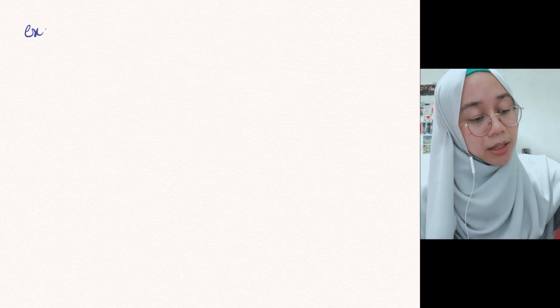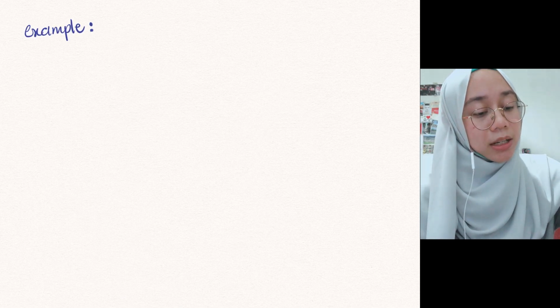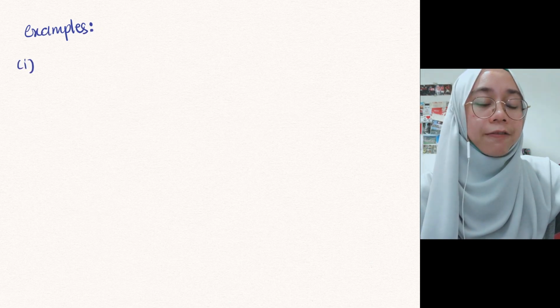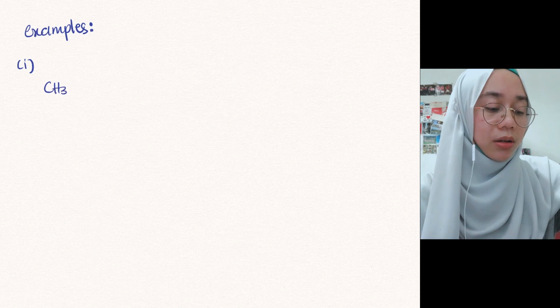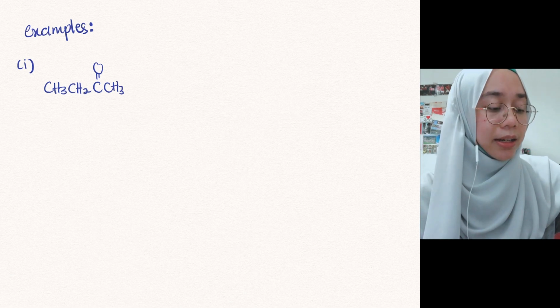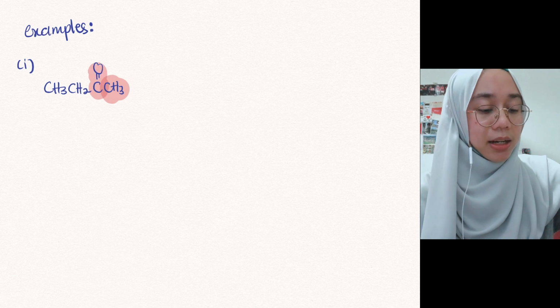Miss bagi contoh yang satu positif, satu yang negatif. Okay, so let's say you have 2-butanone. Kita punya 2-butanone ni dia ada methyl carbonyl ni. Kita ada this part methyl and then this is the carbonyl part.